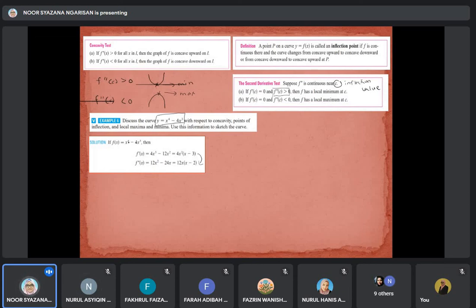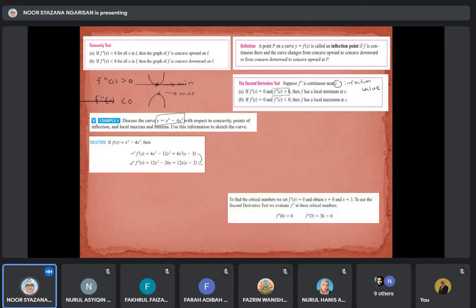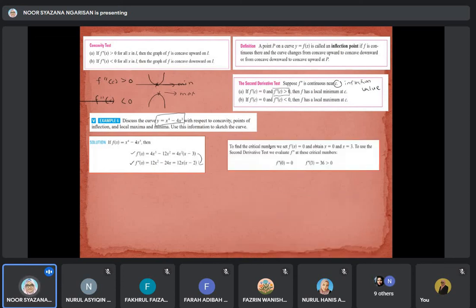Alright, so from the original function, first derivative, second derivative. Next, to find the critical numbers, we set f prime x equals 0 and obtain x equals 0 and x equals 3. Nak cari critical number ataupun critical value, kita buat f prime x samakan dengan kosong.